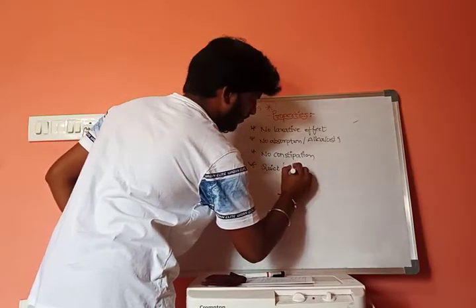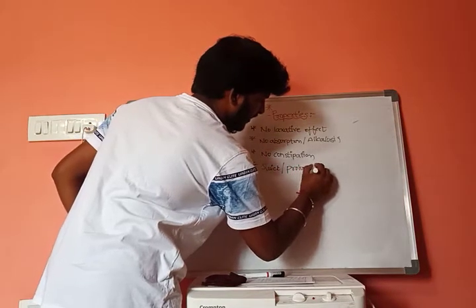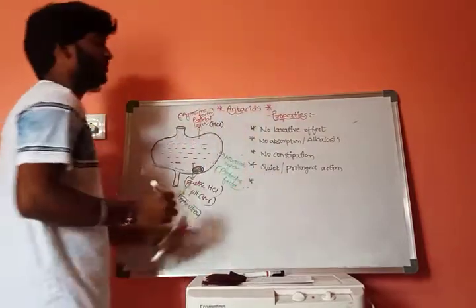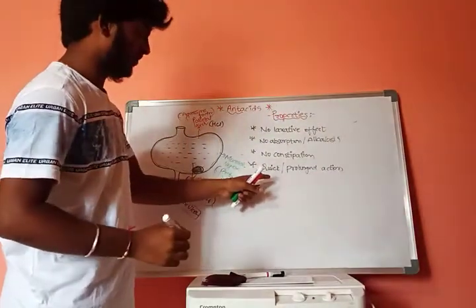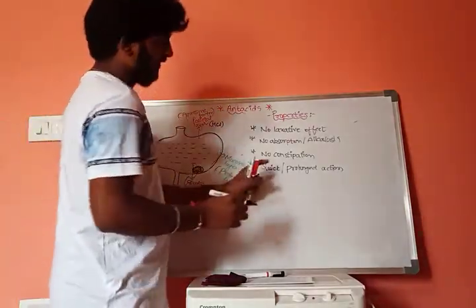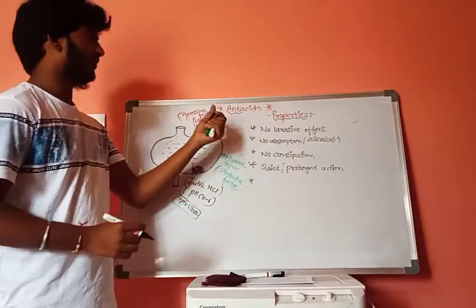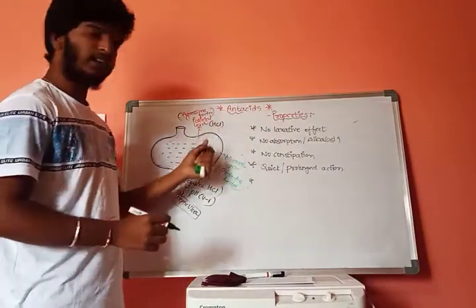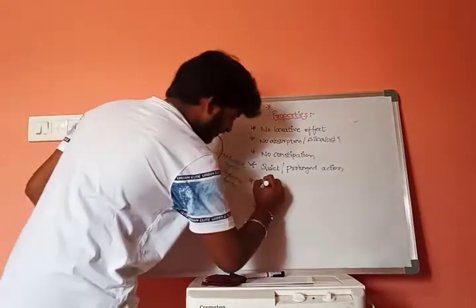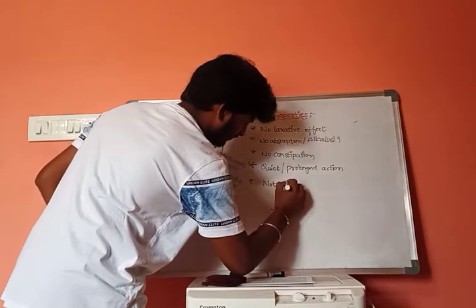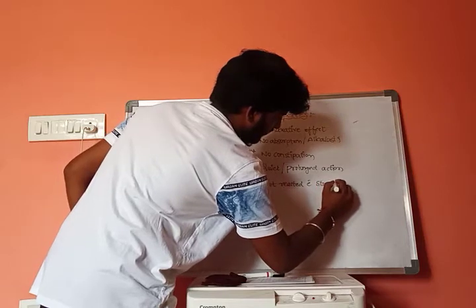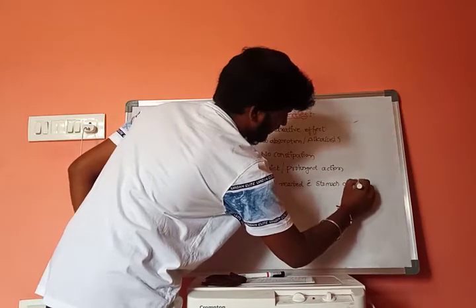Quick and prolonged action. It should show quick and prolonged action. This is the fourth property, and the fifth property is whenever these antacids are given into the stomach, it should not get absorbed or react with the stomach agents.